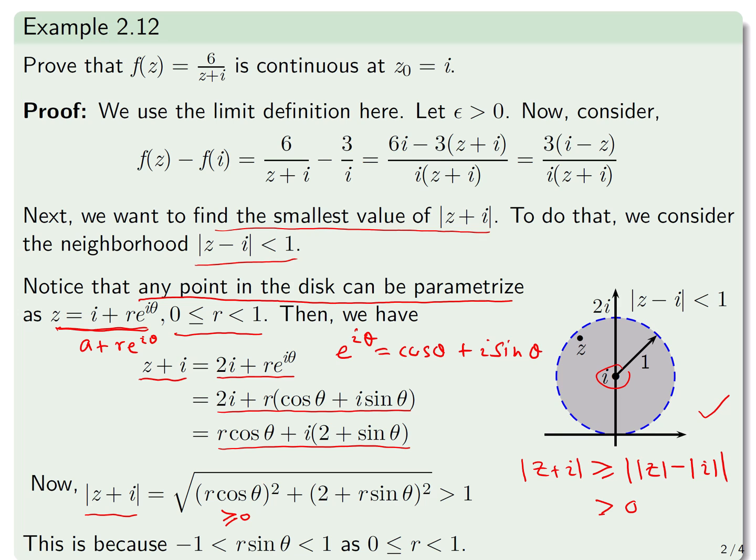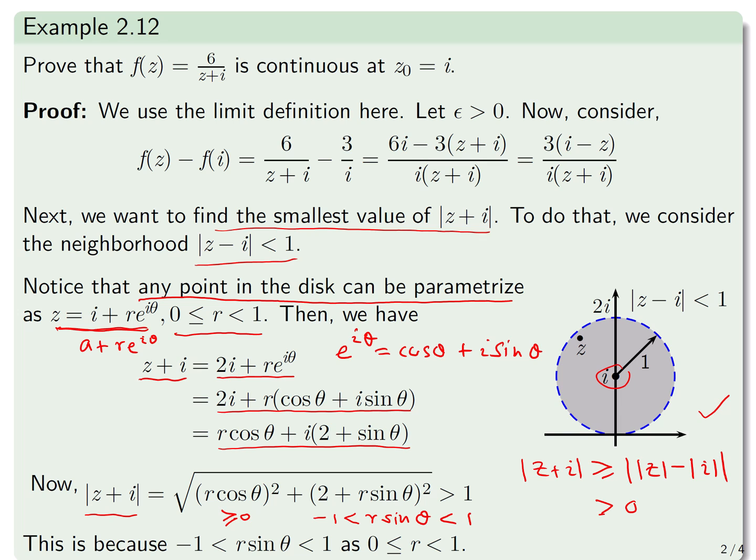You can see sine theta is between -1 and 1, but r is between 0 and 1, and 1 is not included. It never gets the value 1. So because of that, r sine theta is actually between -1 and 1 without the corners. So it never gets 1.